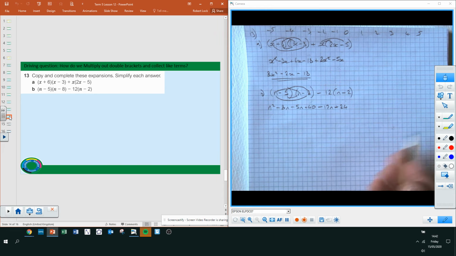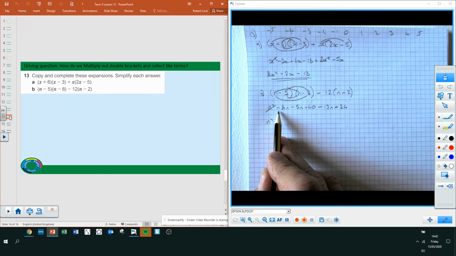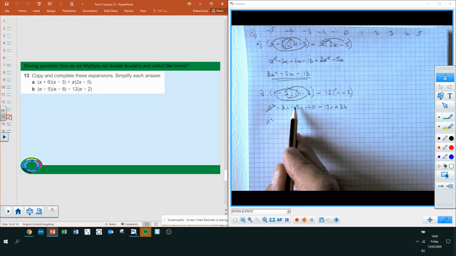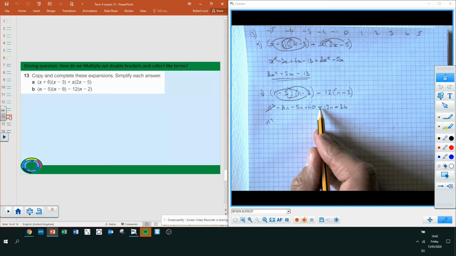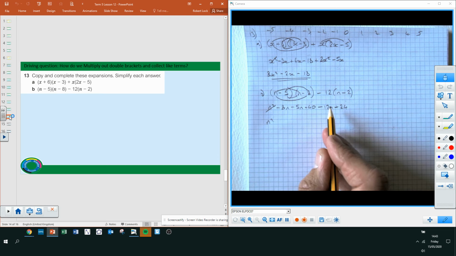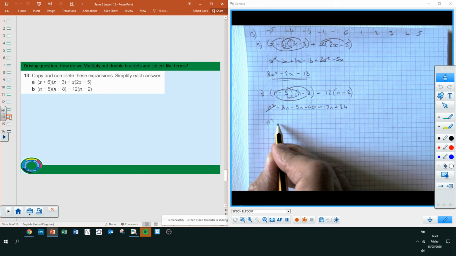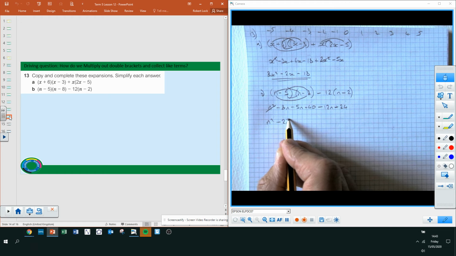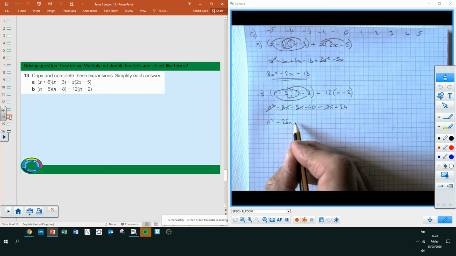So going through, collecting like terms. The only n squared is there, n squared. 8n, so 8 take away 5, minus and minus, so 8 and 5 make 13, and 12 will make 25, minus 25n. 40 plus 24 is plus 64.